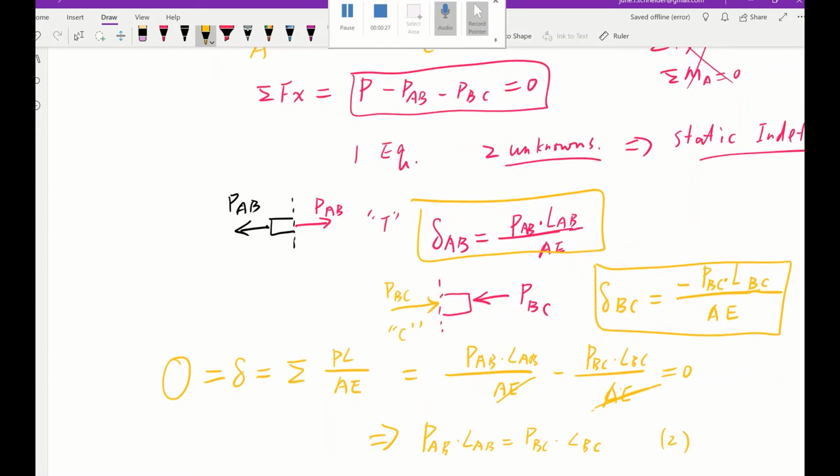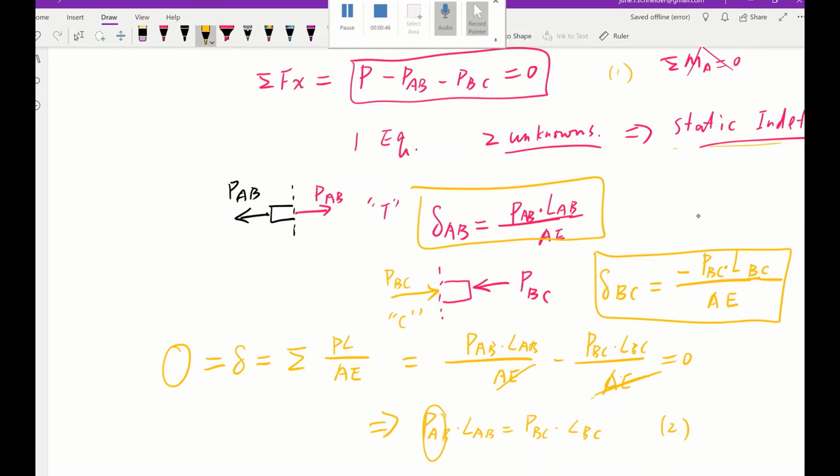And then go back to our first equation here, and that's our static equation. Earlier we were stuck here and determined this is not solvable with one equation and two unknowns. Now we actually have our second equation. We can solve for PAB and PBC using these equations. So we call this equation a compatibility equation.